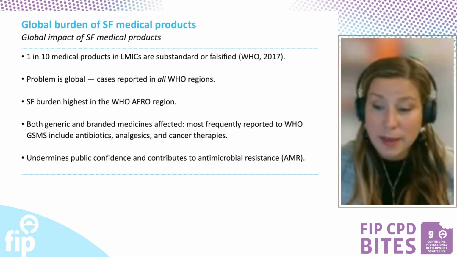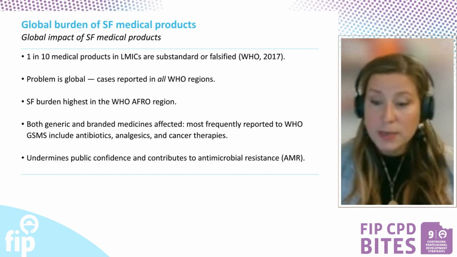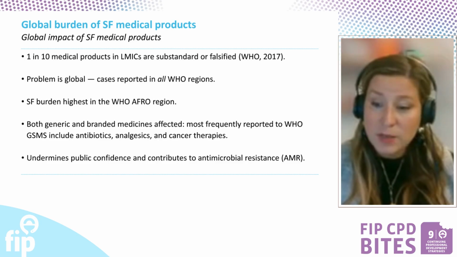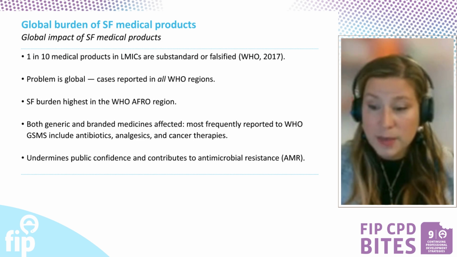What differs is the scale, and we have seen that, unfortunately, the African region tends to be the dumping ground for falsified medicines and remains the most heavily affected, driven by constrained regulatory capacity and fragmented supply chains, as well as limited access to affordable, quality-assured medicines.